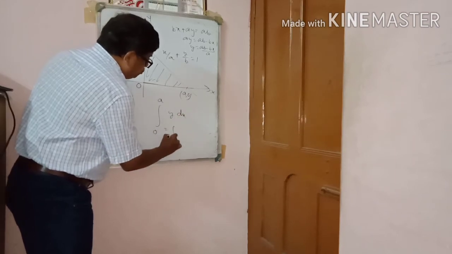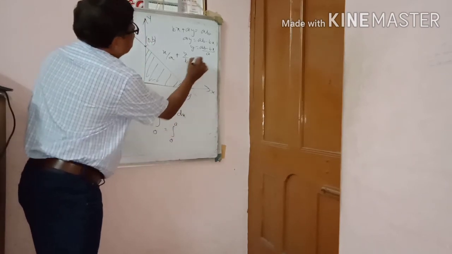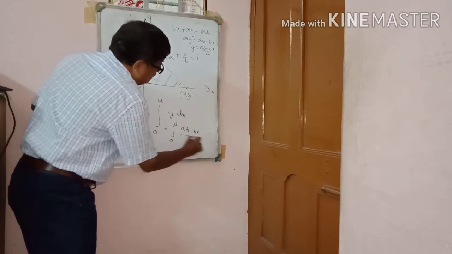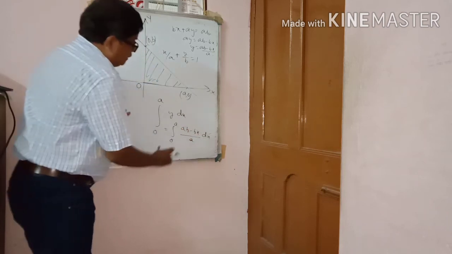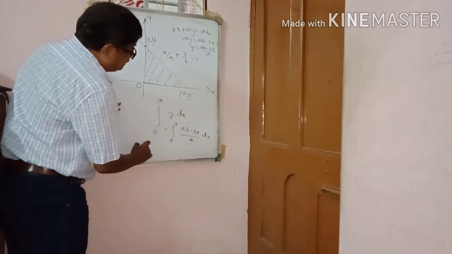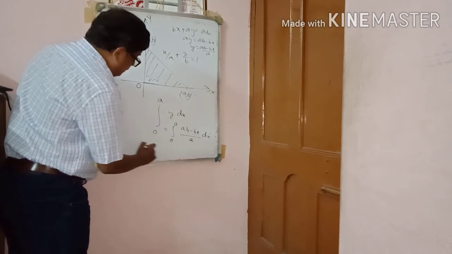The value of y is ab minus bx by a, dx. You take a outside, that is constant, ab by a is b.